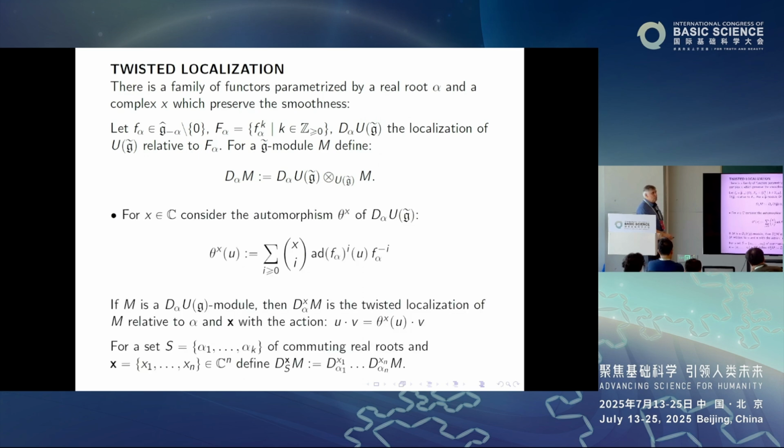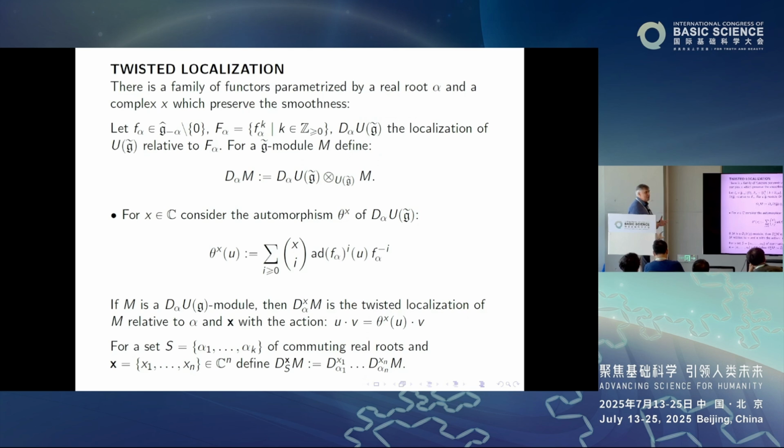Now suppose we have a set of commuting roots S. For each root we choose a complex value x_i, and D_S^x, where x is a tuple, is just a composition of the functors that we described.